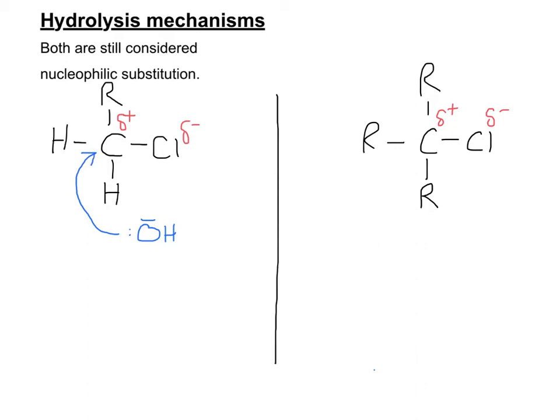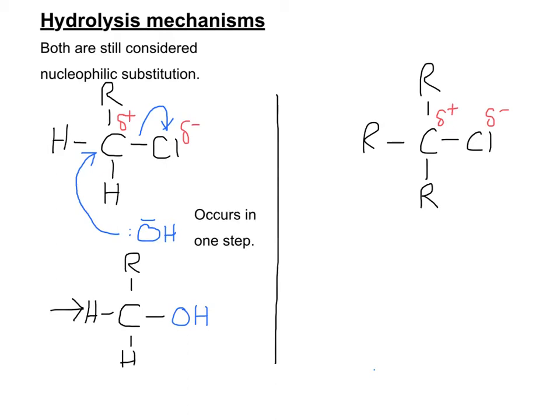Basically, the other side of the carbon is less likely to be repelled by the slightly negatively charged chlorine, and therefore you get a heterolytic splitting of the carbon-chlorine bond, and the electron pair that was a bond pair moves on to the chlorine atom, and that gives us down here a new bond between the carbon and the OH, like that. So this process occurs in one step.